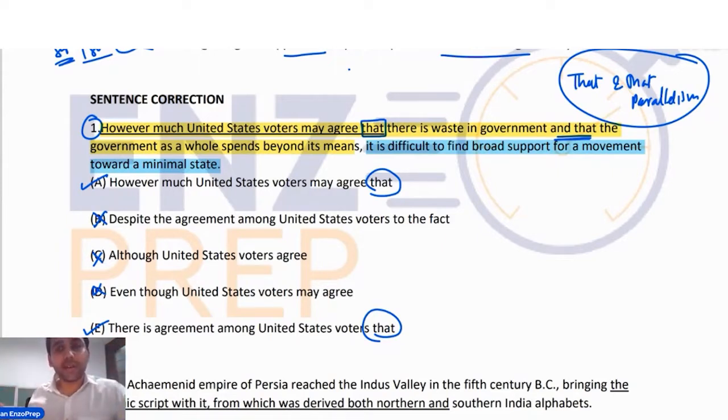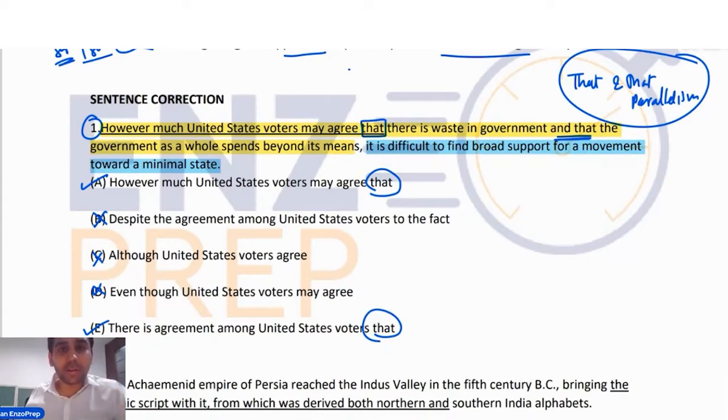The first half is talking about agreement. The second is talking about support. And these two things are not absolutely correct, so they're not complementary. So you have to make sure that you're able to figure out a way with which you can express that contradiction in the right manner.